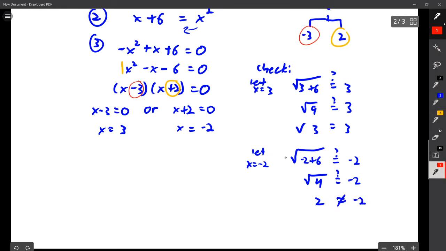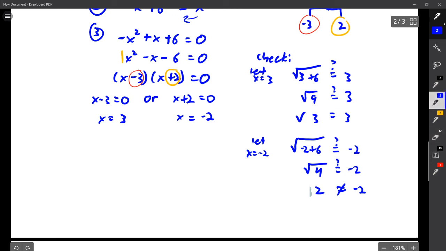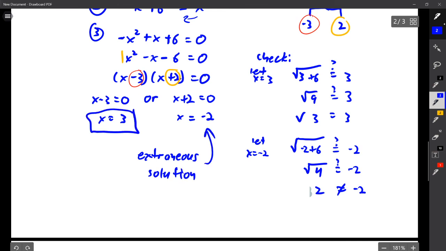Now again, if what we started with here was a plus or minus, then the negative 2 would equal negative 2, but we don't have that plus or minus going on. And so this is our extraneous solution, which means x equals 3 is our only actual answer.